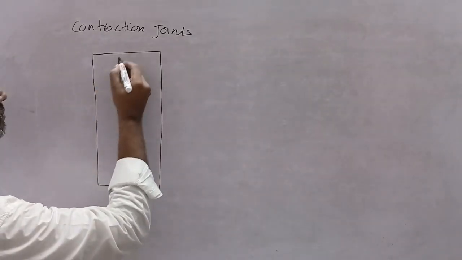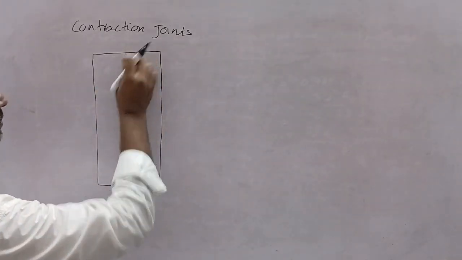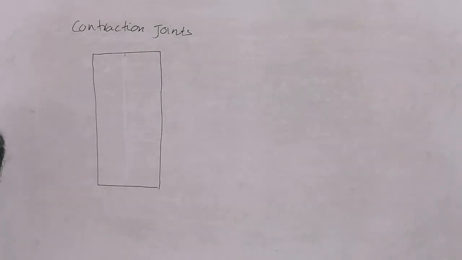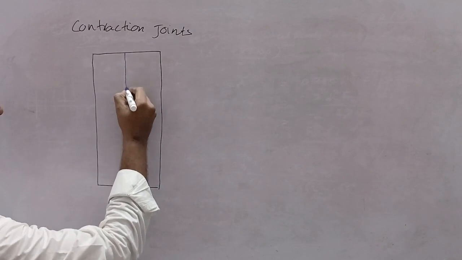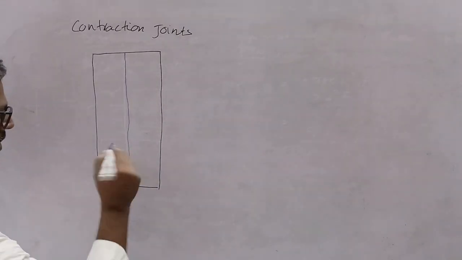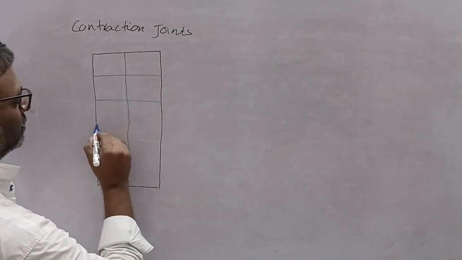So contraction joints, see this is a CC road which is divided into blocks, right? You know, divided into blocks. So this is a longitudinal joint along the pavement and these are contraction joints.